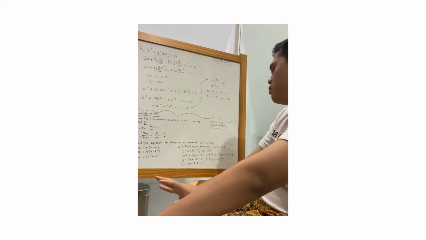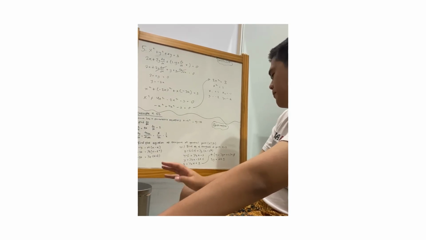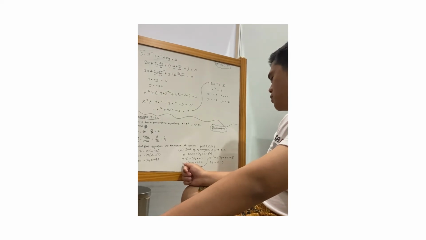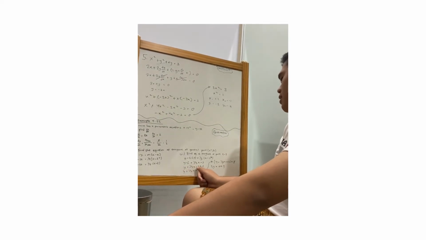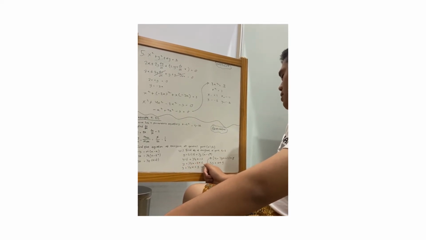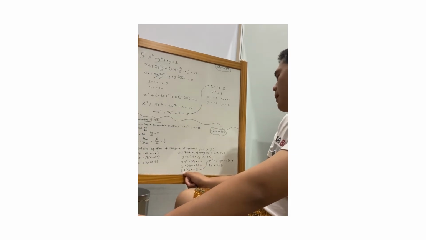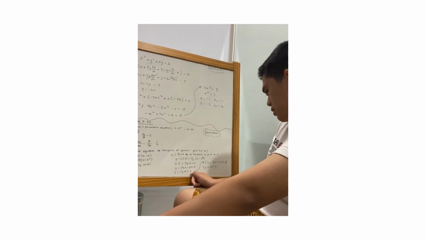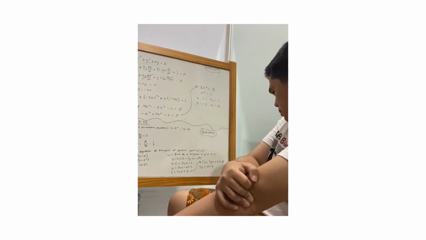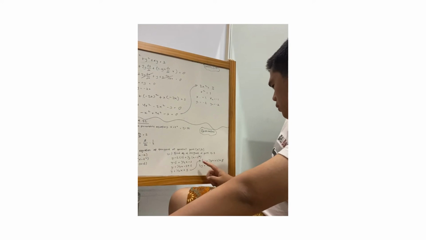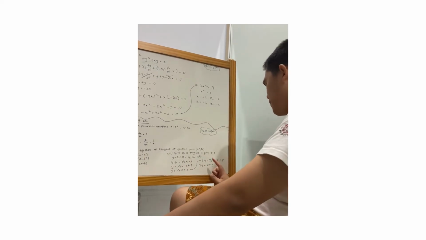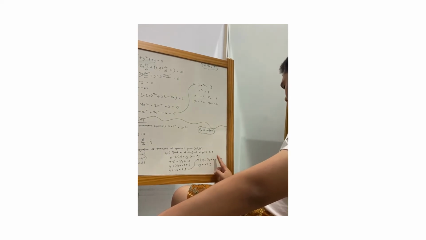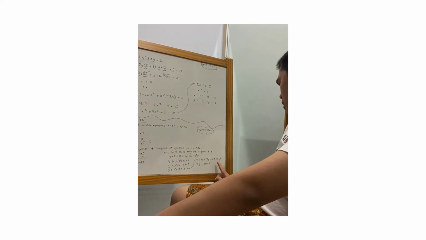And then we move the number to the right side, so it becomes y equals 1 over 3 x minus 3 plus 6. It became y equals 1 over 3 x plus 3. Now we can find y.